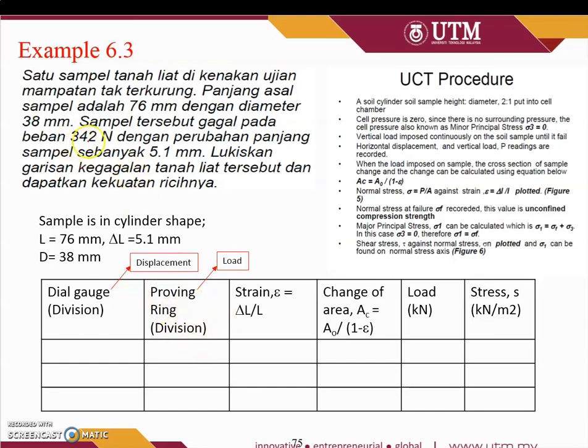We got 342 Newton. We are also given the dimensions of the soil cylinder sample, and the change in length of the sample is 5.1 millimeter. So we can calculate the strain later. We can also calculate the area change, and by knowing the load, we can calculate the stress at failure.